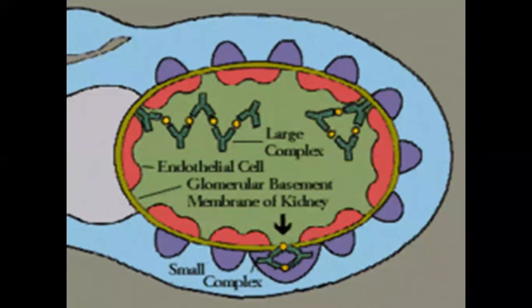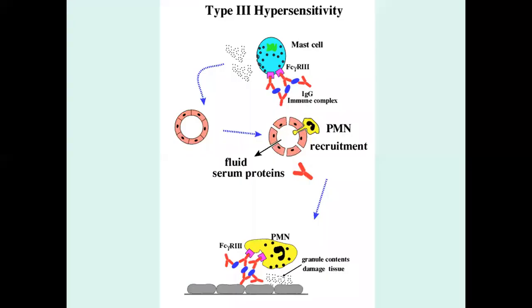So glomerulonephritis mostly is type 3 hypersensitivity reaction, but type 2 hypersensitivity reaction can also be one of the examples of glomerulonephritis. Again, that depends upon the type of the antigen antibody and the type of the stimulus. So this is hypersensitivity type 3.